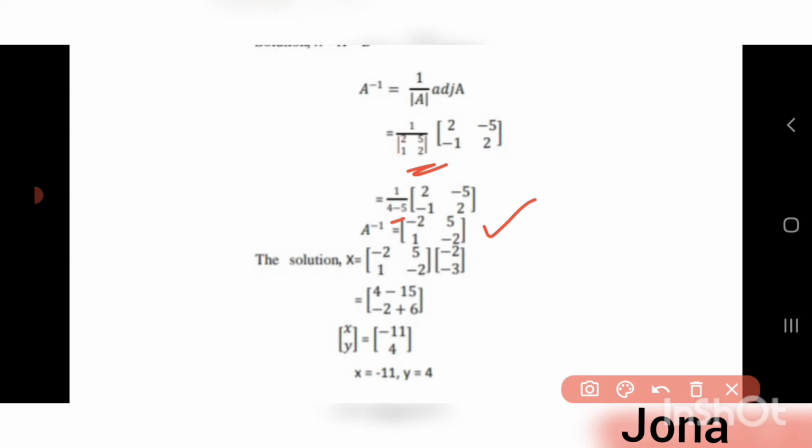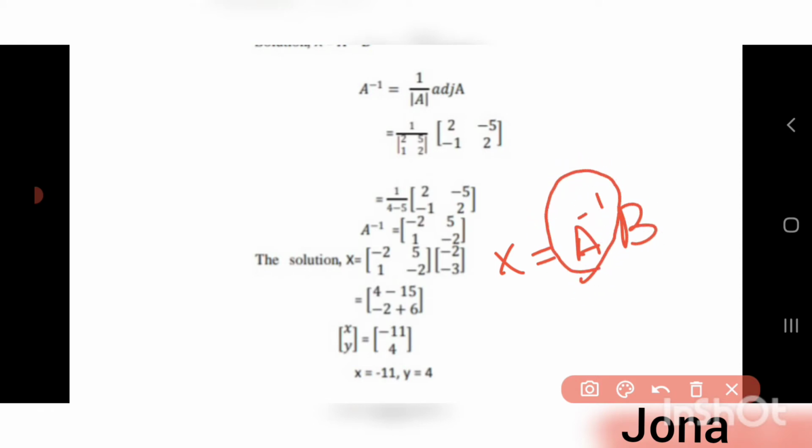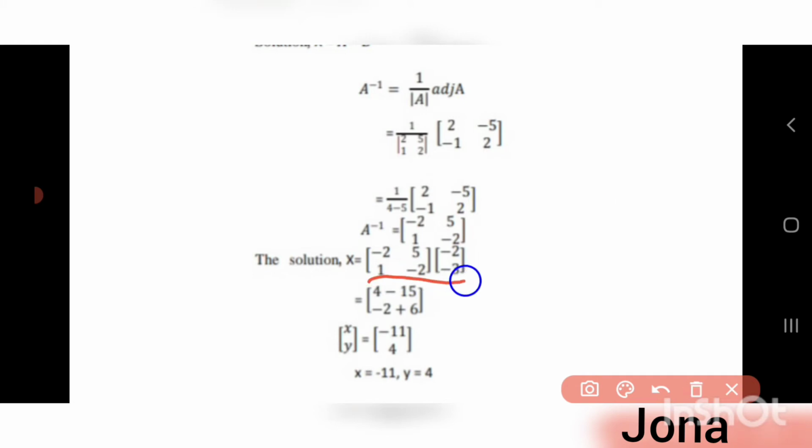here the minus 1 is there, so we have to multiply that minus 1 along with the bracket matrix, so that we get minus 2, plus 5, plus 1, minus 2 like this. We want to have the solution, isn't it? That solution is nothing but X equal to A inverse B. Here we found the value of A inverse. Substitute the value, that is X equal to A inverse into B. So ordinary matrix multiplication we have to do here.